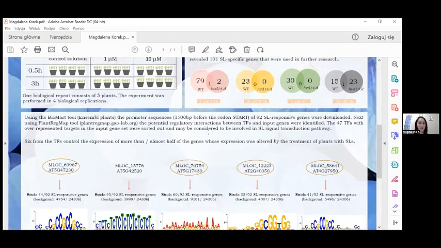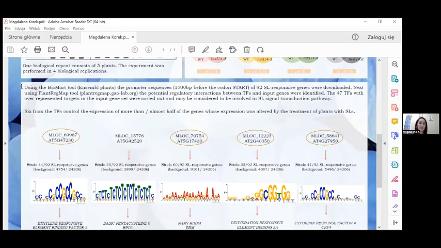Moving forward, we used the BioMart tool, which is available on the Ensembl Plants platform. We were able to download the promoter sequences, which is the 1,500 base pairs before the start codon, of the 92 strigolactone responsive genes which were previously detected.